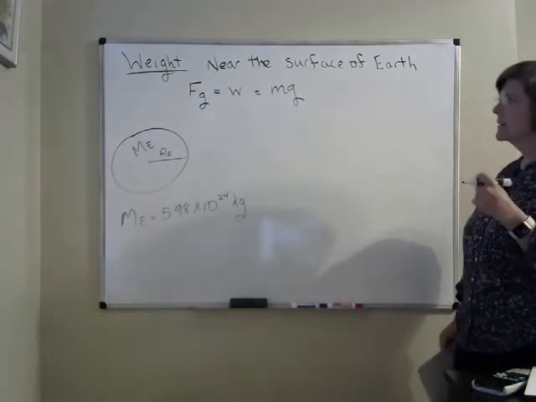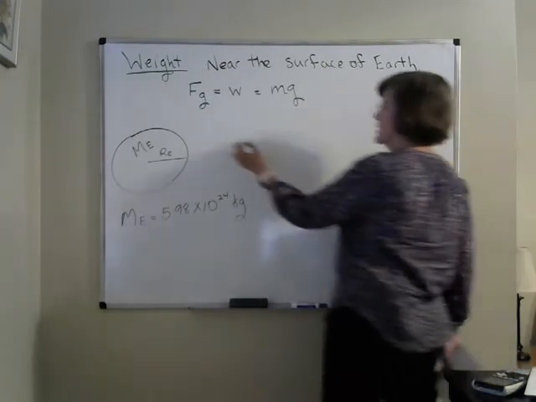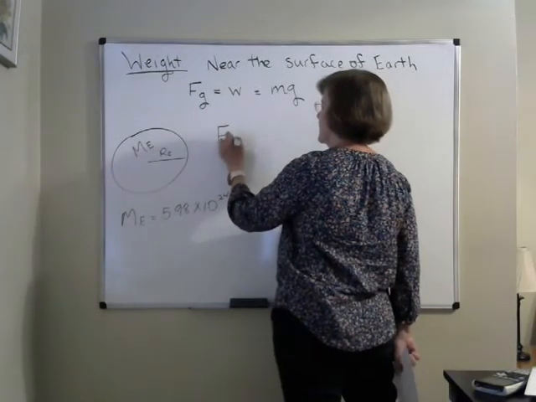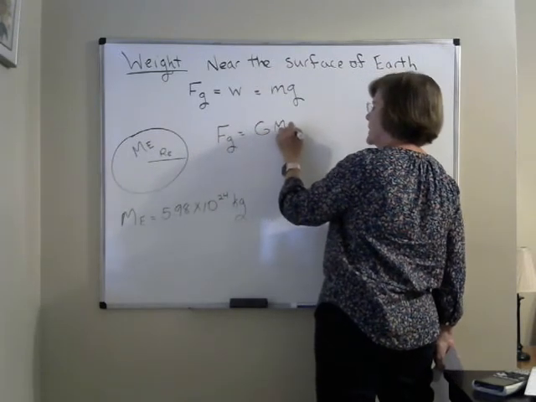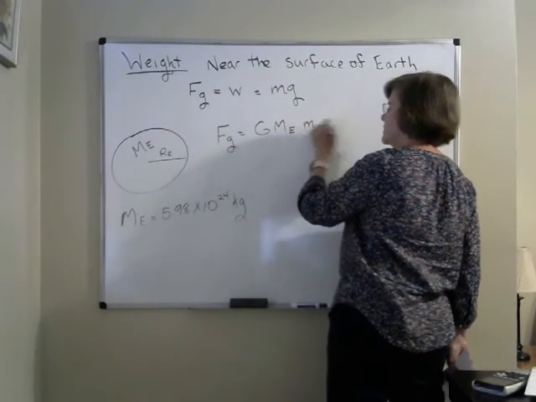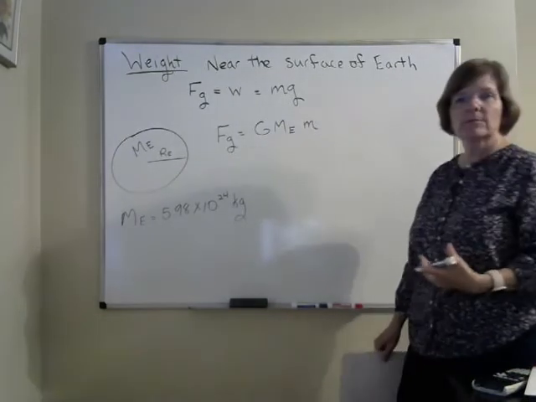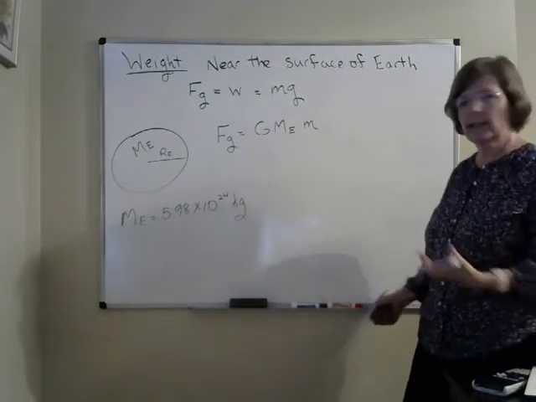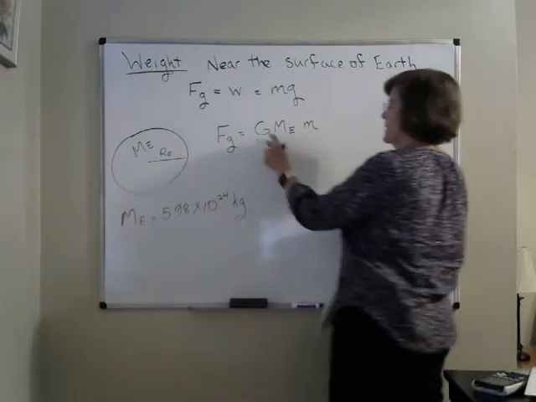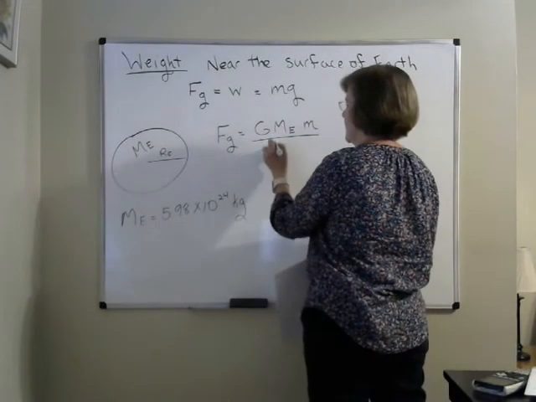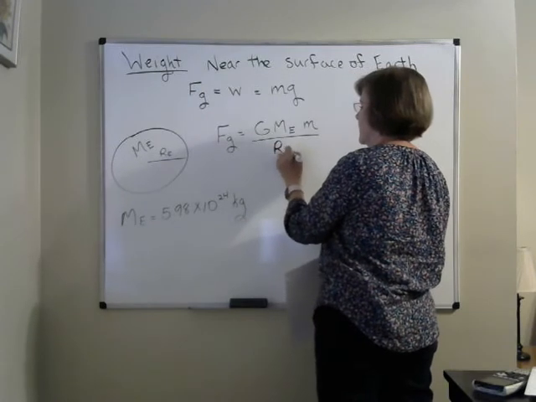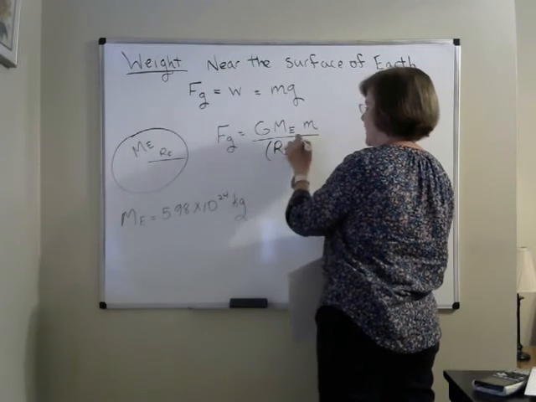Okay, let's look at the formula. The formula that Newton gave us looks like this. Well, one of the objects is the mass of the Earth, the other object we're just going to call m, the 2 kilogram mass or 1 kilogram mass, whatever it is. So there's G, M1, M2, and the distance between them is the radius of the Earth squared.